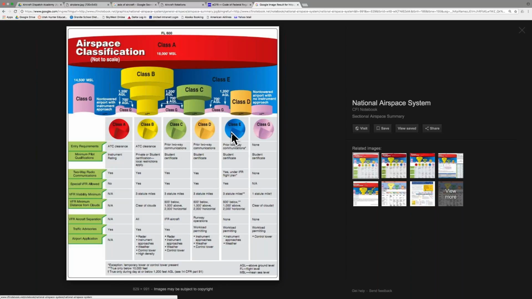So maybe that was too many words or too much for them to say for an airspace. I don't know why there isn't a Class F airspace, but that's just the way things are. But yeah, you can just see how each one gets less restrictive.